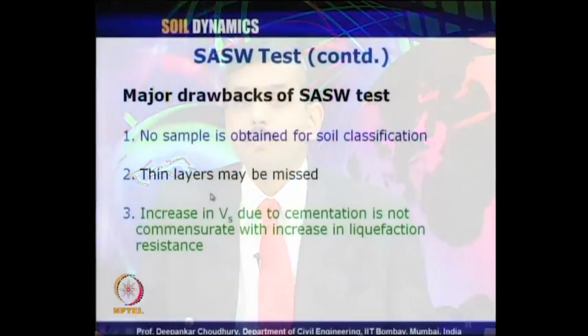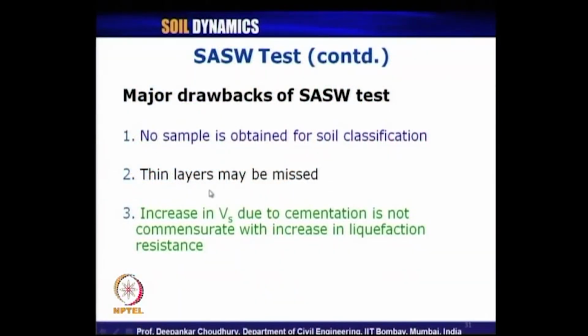Now, the second point is thin layers may be missed. What I have told just a few minutes back, if there is a sandwich layer between two major layers, that thin layer may be missed and we may not get a Vs value for that thin layer.